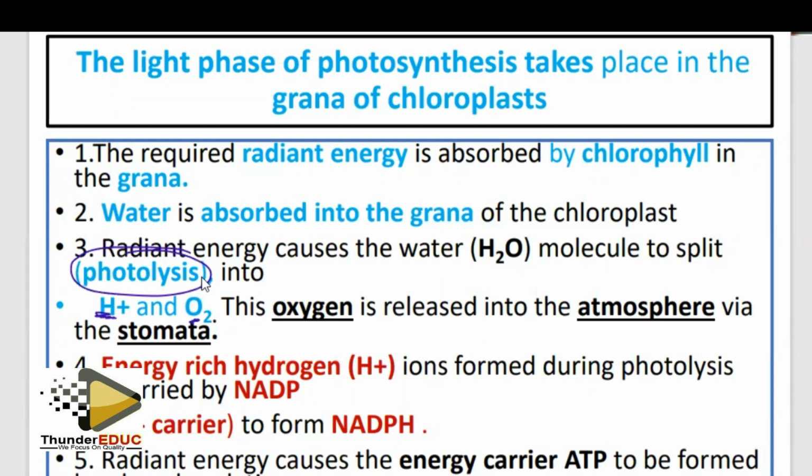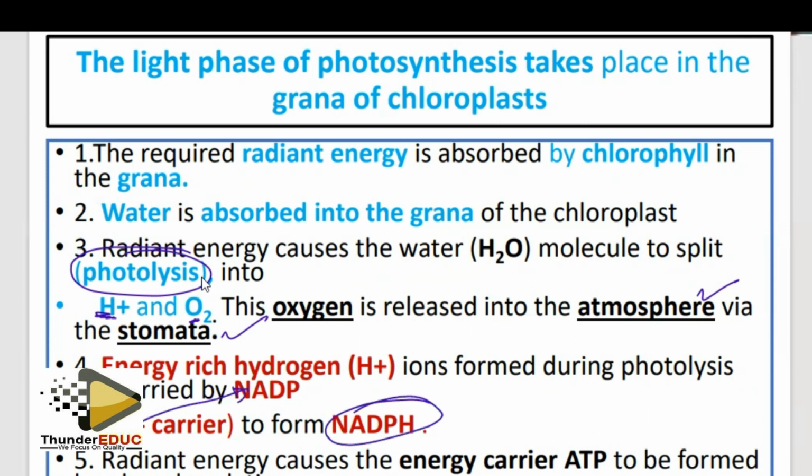Oxygen will move out of the leaf and is released into the atmosphere. We have seen it via those holes below the leaf, which you call the stomata. So now this energized hydrogen, or the hydrogen ion formed during this process of photolysis, is carried by NADP, meaning it is attached to NADP and forms NADPH.